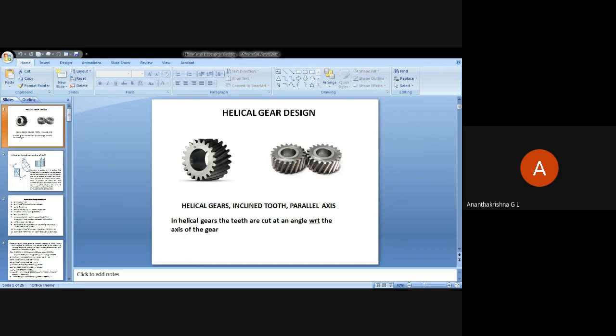Okay, anyway, module 3, which consists of gear drives, spur gear design, helical gear design, and bevel gear design, we have done completely. So with this, we complete module 5. Now, next class onwards, we'll go through a little bit on ropes and chains. That is part of module 2, along with springs.